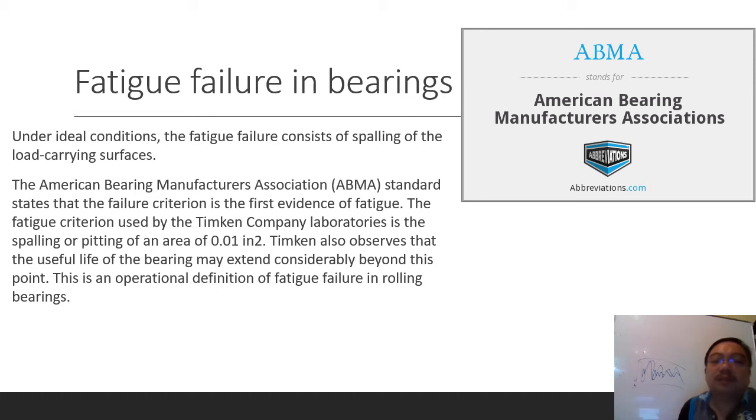It is an operational definition of fatigue failure in rolling bearings, meaning that although you have exceeded your bearing life usage, suppose you use it for 1 year, you extend for 1.5 years, it can also function. Just that, by the fatigue failure graph and the Weibull distribution graph, it is recommended that you change before it shows physical damage. So you don't want that to happen.